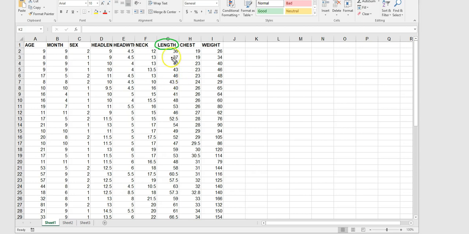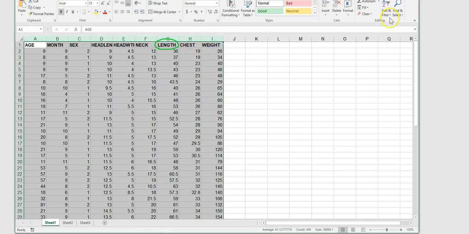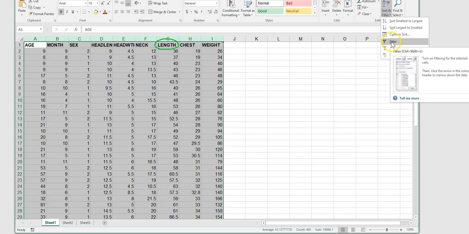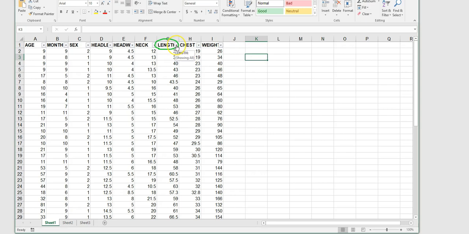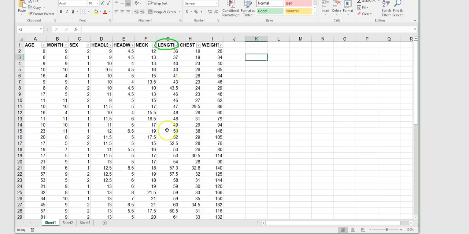So now the first thing we want to do is sort the data set by the lengths. So we'll just highlight everything, select filter, and then we can click on this little tab here and sort the lengths from smallest to largest. There we go.